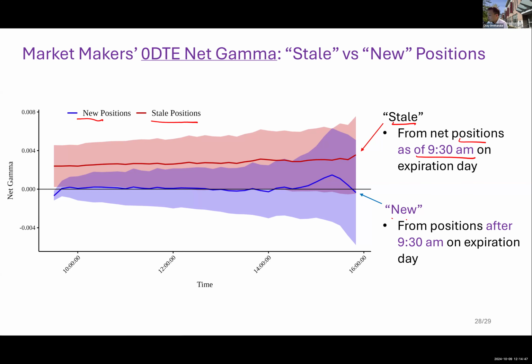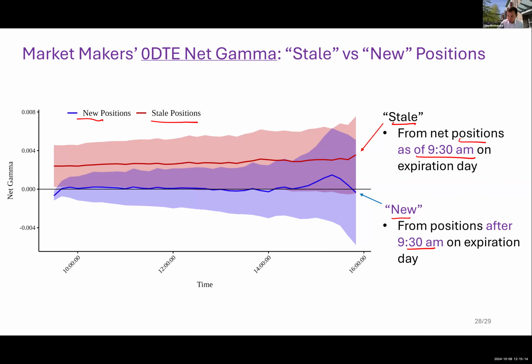The new position is from new option trades that only occur after 9:30 a.m. So we're looking at new position that just accumulates on the day of expiration. And one thing interesting we see here is that the net gamma coming from the contracts that are actually trading on the day of has almost zero impact on the market maker's net gamma.